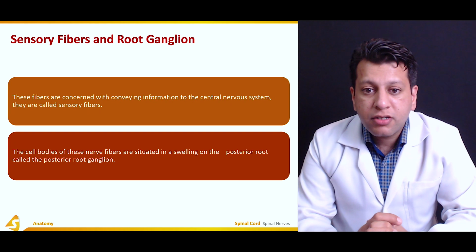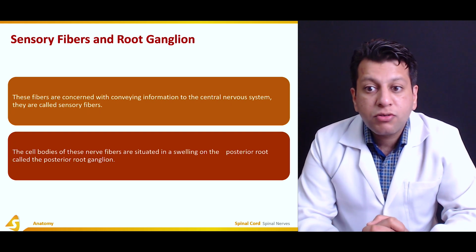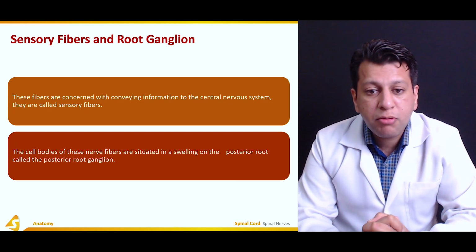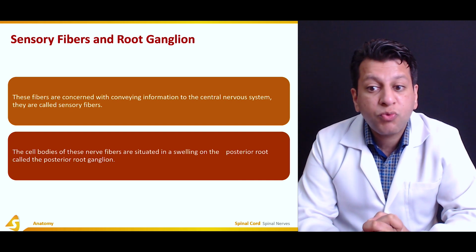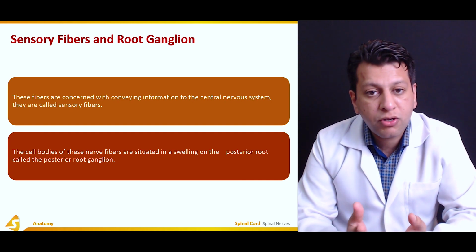These fibers are concerned with conveying information to the central nervous system. The cell bodies of these nerve fibers are situated in the swelling called the posterior root ganglion, as I've just explained to you.